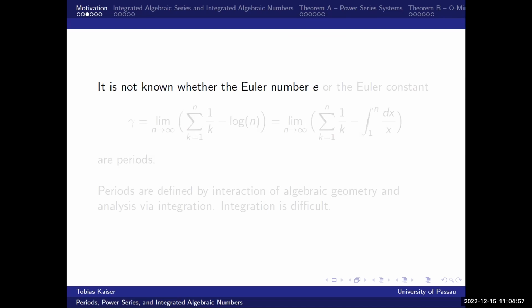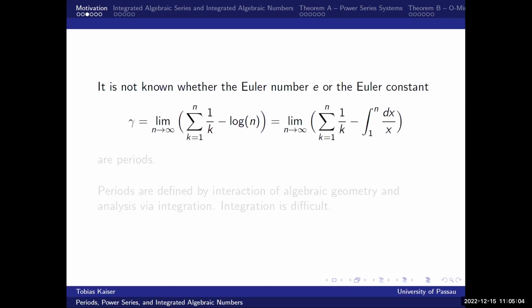And so not much is known about periods. It is not known whether the Euler number e or the Euler constant gamma are periods. So what is the Euler constant? You have the logarithm, which is the antiderivative of 1 over x, and you compare it with the step function. And this limit exists as n tends to infinity, and this is the Euler constant.